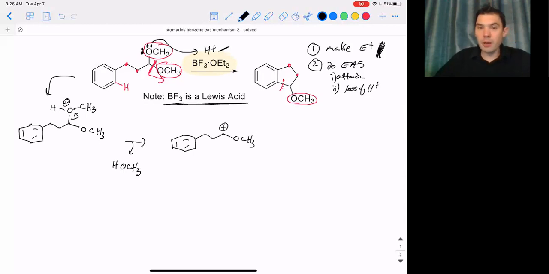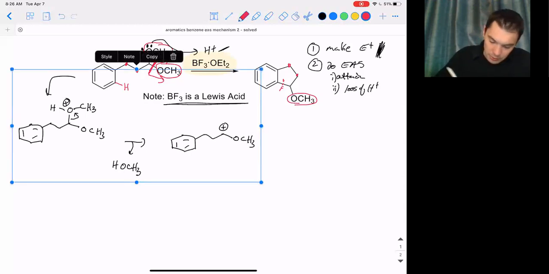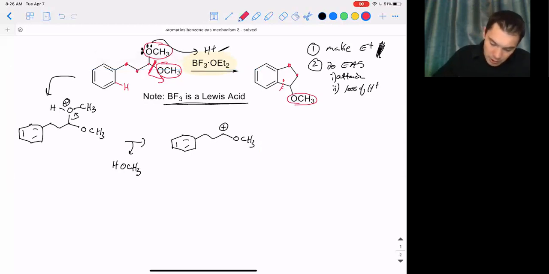And this particular carbocationic intermediate is a special one. For those of you that have already gone through the chapter on aldehydes, you might recognize that this starting material is a special starting material because the central carbon here is bound to not one, but two different oxygens. And so it's technically an acetal. It's an acetal functional group.